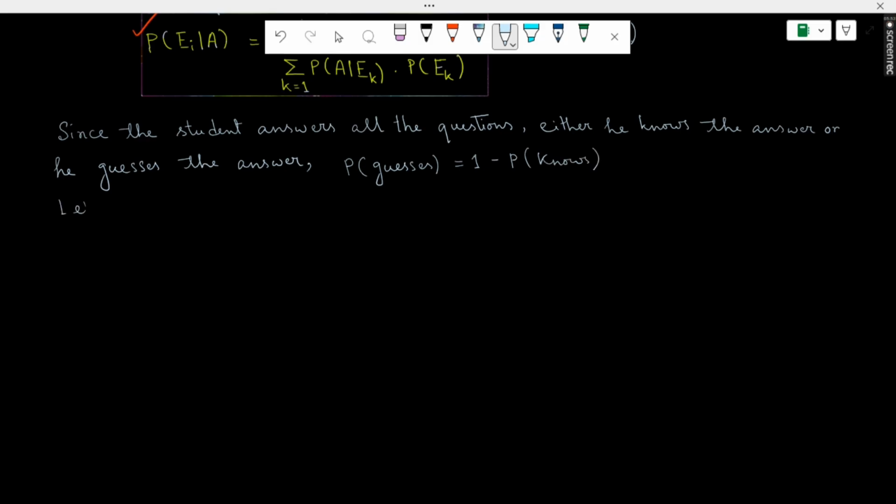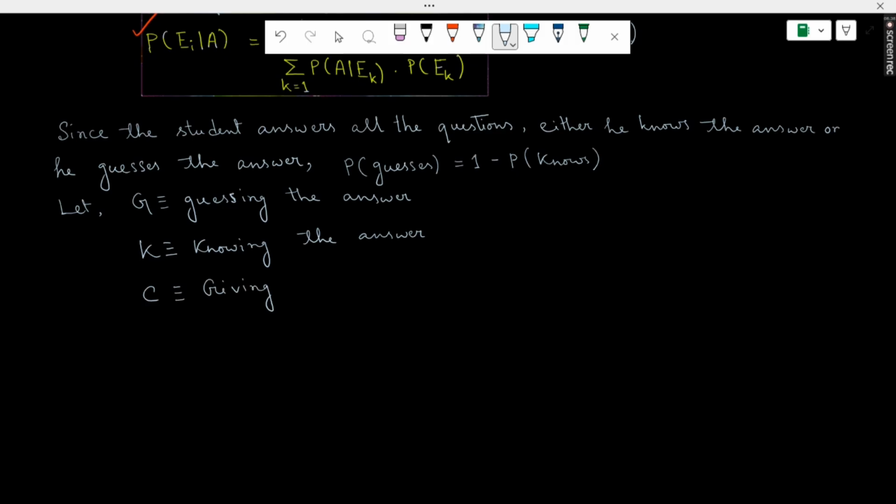So probability of guess is equal to 1 minus probability of knows. Now let G indicate guessing the answer, K indicate knowing the answer, and C indicate giving the answer correct.